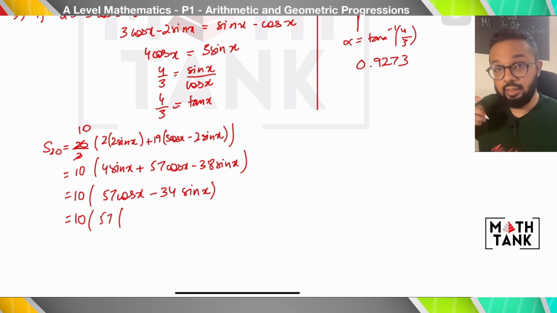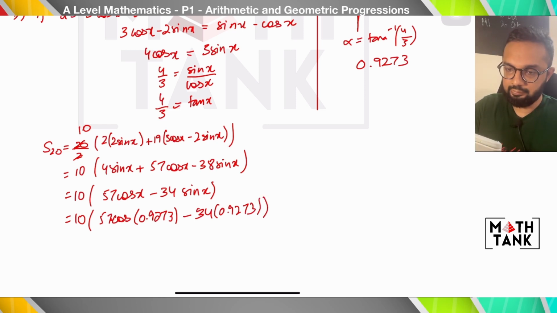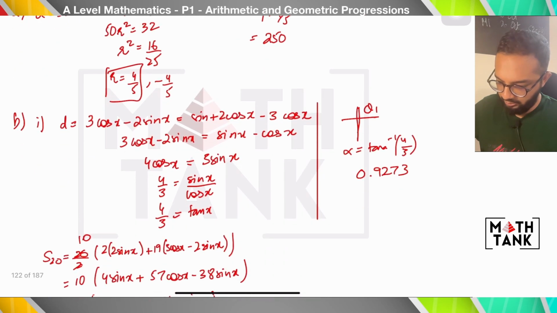I think this should also give me an exact answer at the end. This should be cos 0.9273, and multiplied by 10 gives me about 137.999, which is 138. I hope that's the correct answer. No, it's not.